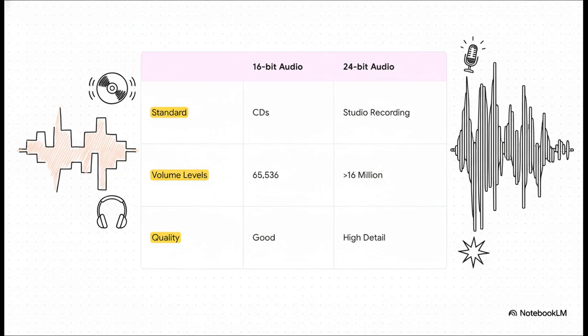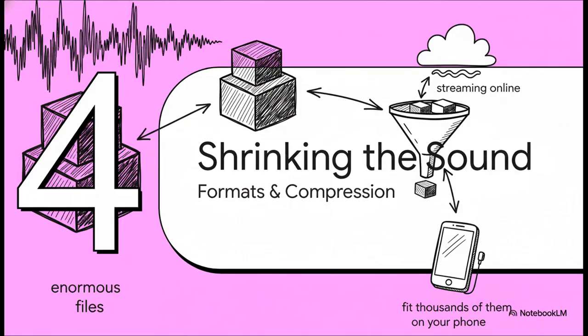That's pretty good. But 24-bit audio, which is what they use in studios, has over 16 million. This massive range means it can capture everything from the quietest little whisper to the loudest possible explosion with amazing accuracy.